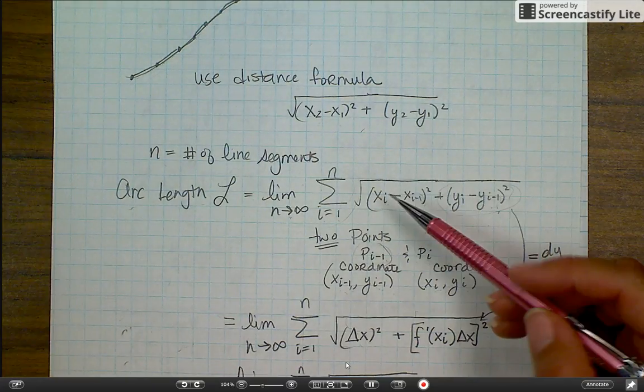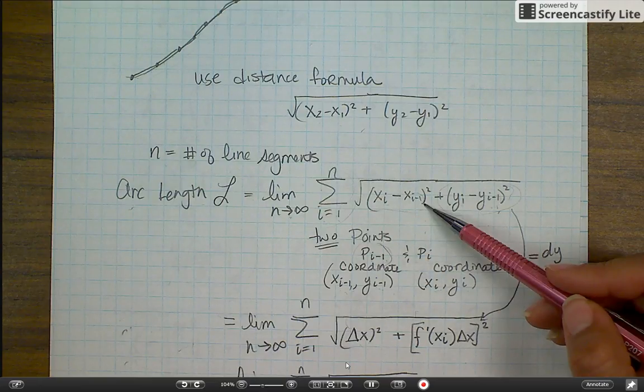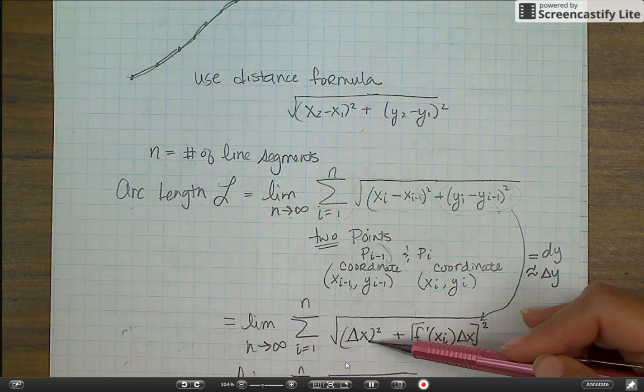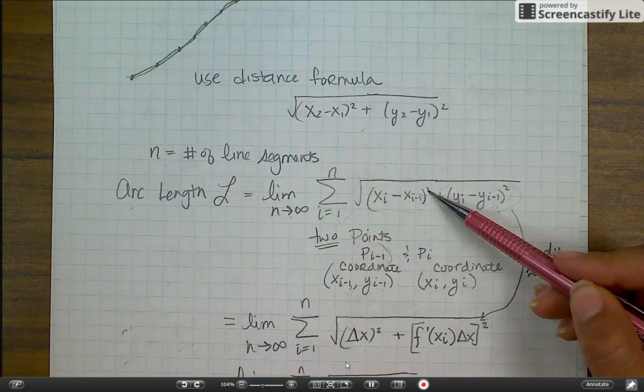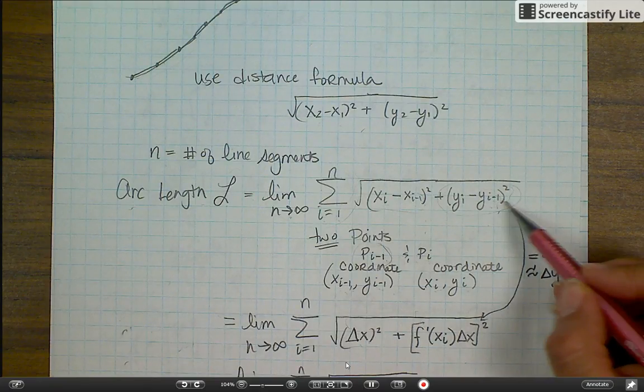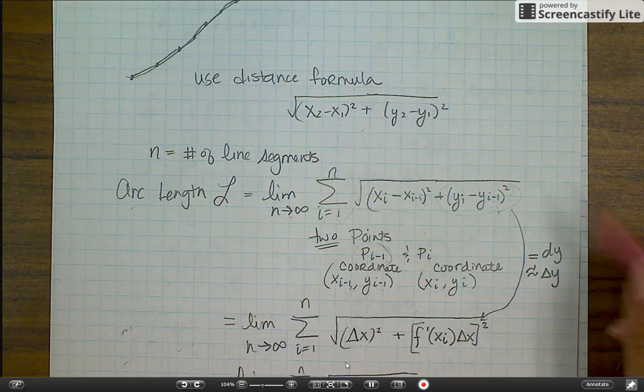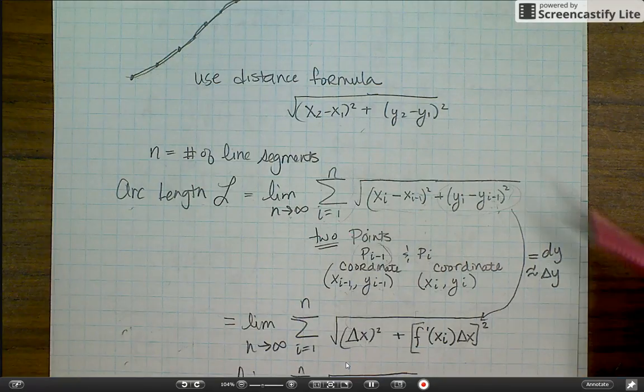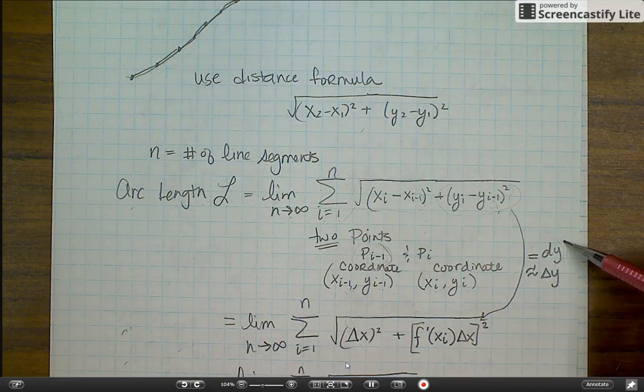How is this done? Well, we know that when we take any difference, that means change, and we're doing the change in x, and we're squaring it. Now, this is equivalent to the change in y, but since we're doing the limit, this will be dy.